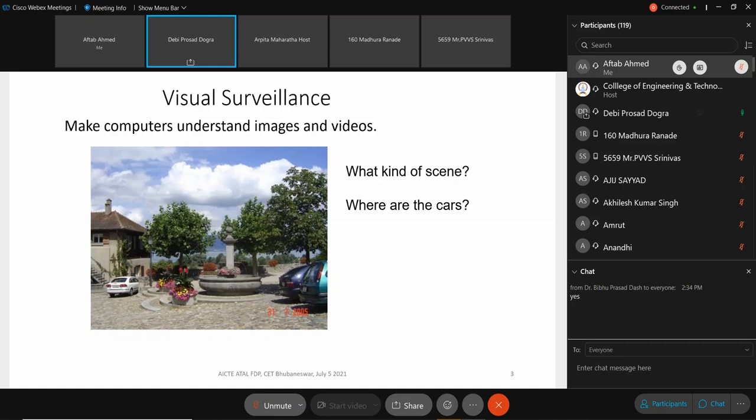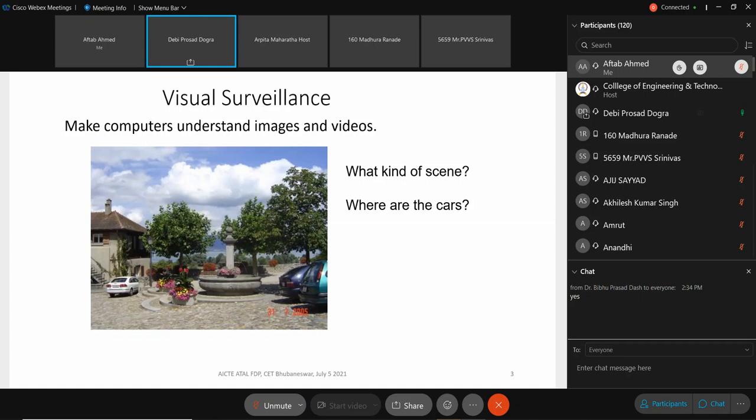Even if the objects are similar, lots of cars inside a building can lead to the conclusion of a showroom. But if lots of cars are outside a building, maybe it's a parking lot.